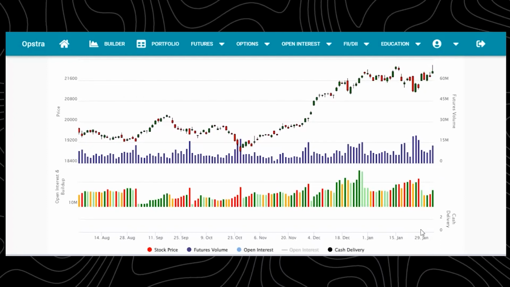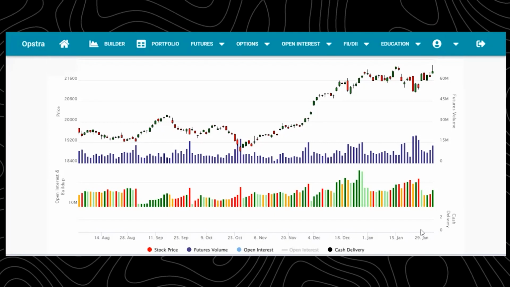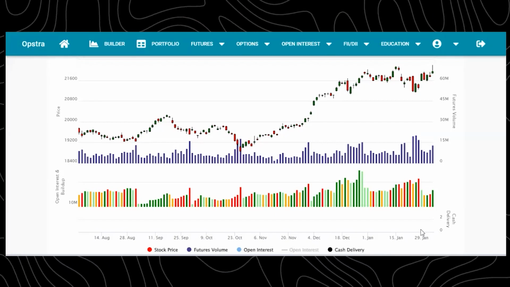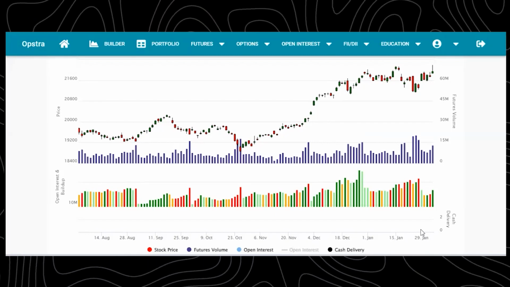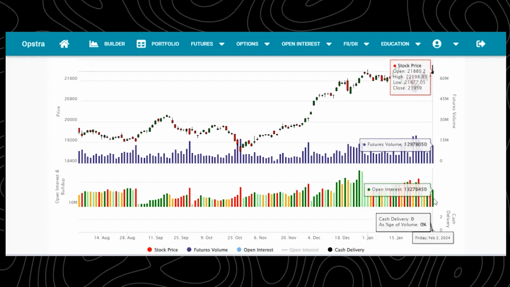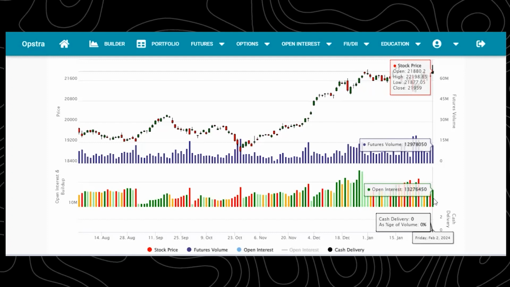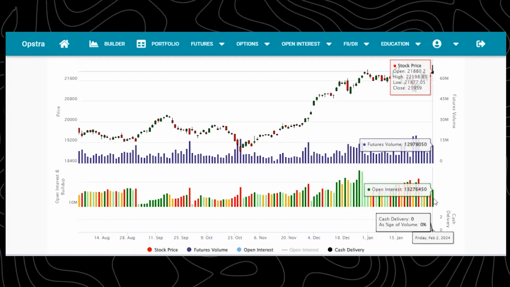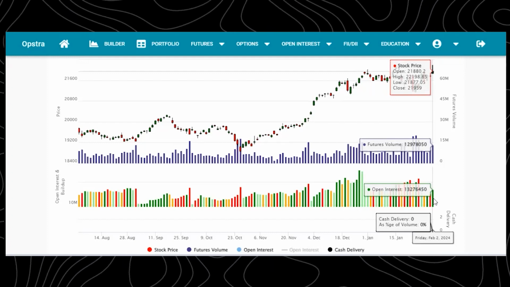Technically, I understand that Nifty has faced the resistance, but my OI indicates that, okay, you have faced the resistance level, but there is not that much strong resistance. Still, there are participants in the market who have a long view in the index. Bearish versus bullish: you have the more bullish view.